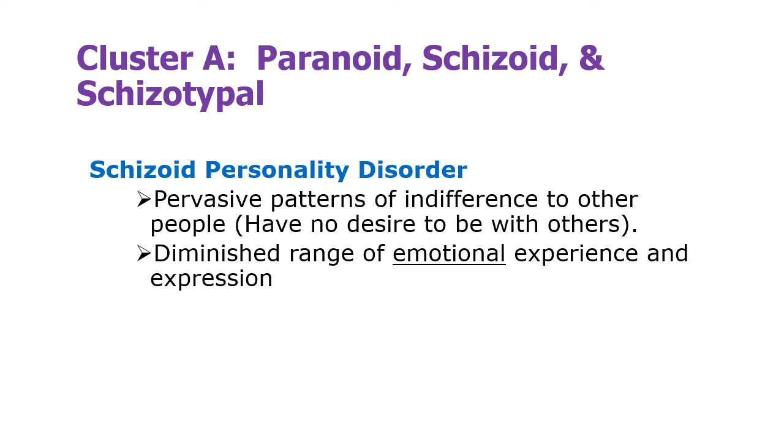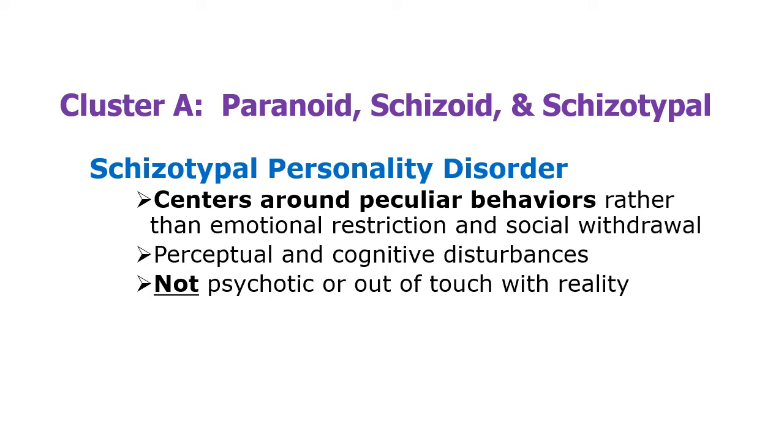So with schizoid, it's important to remember that these individuals have diminished emotional as well as social features. And this is going to be big because the biggest difference between schizoid and schizotypal is in schizotypal, these individuals have peculiar behaviors but are not out of touch with reality. So they do not have emotional restriction or social withdrawal, but in schizoid they do.